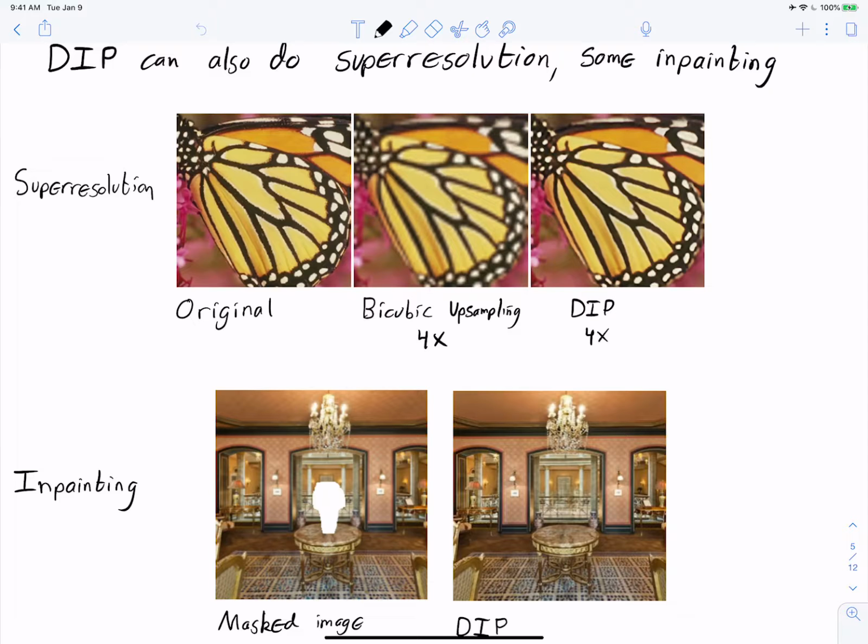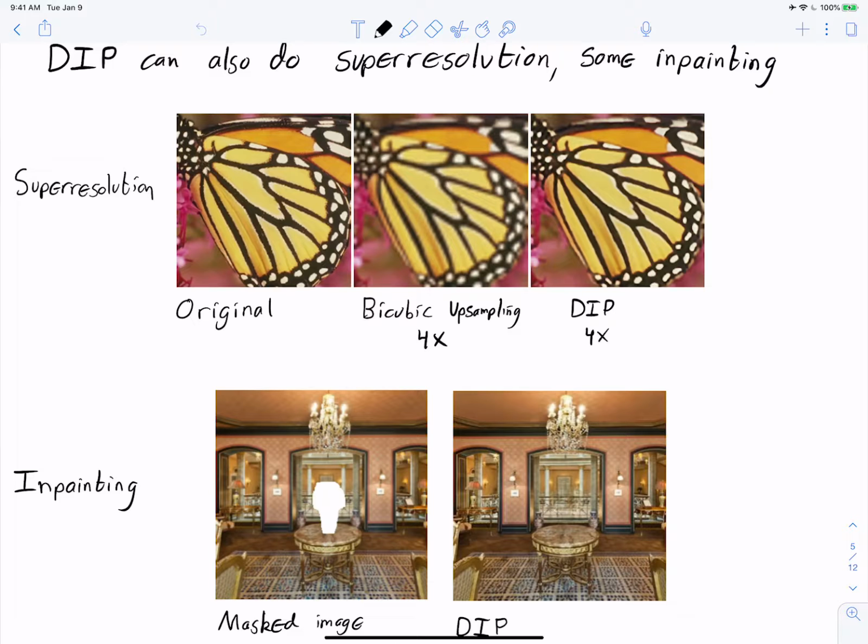If instead you use the deep image prior at the same 4x upsampling, you get much crisper edges. And so we see this very nice property that the deep image prior somehow already knows that crisp edges are nice, already knows that there are continuity properties within natural images, and it outputs a higher quality image than this bicubic upsampling itself.